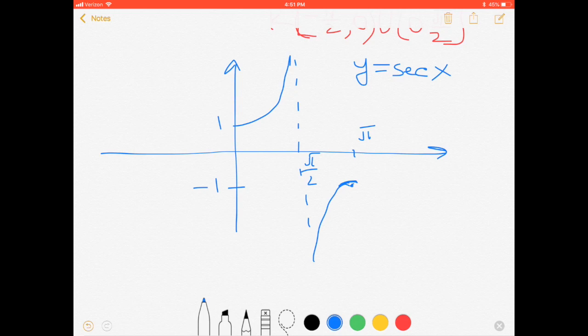We can see pi over 2 will be our horizontal asymptote. Okay, and how our graph works. Point 0, 1 moves to point 1, 0.